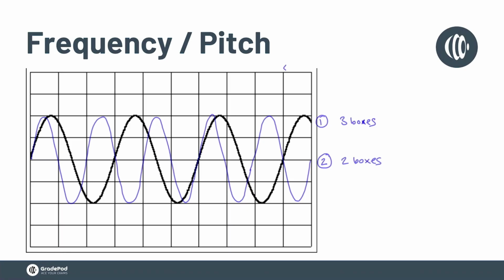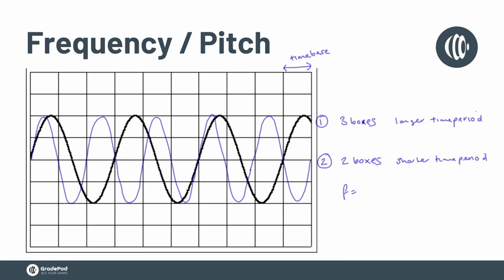If you remember, the x-axis is the time base. So that tells us that wave 1 has a longer time period than wave 2.